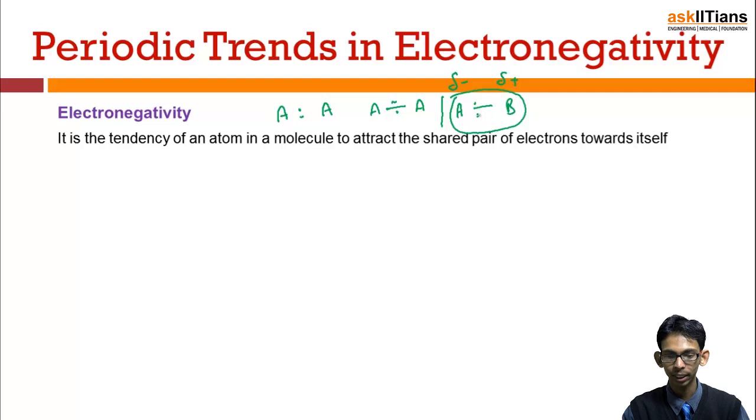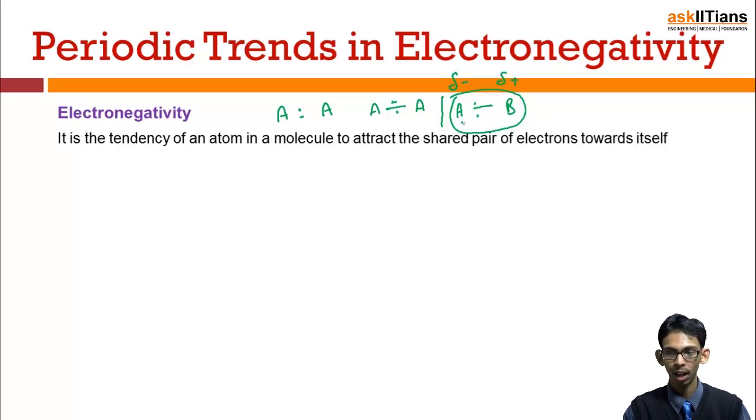So what we have to discuss here is the tendency of an atom to attract the shared pairs of electrons toward itself. The one which has the greater tendency will have more electronegativity, while the other one will have less electronegativity. So electronegativity is a comparative property.